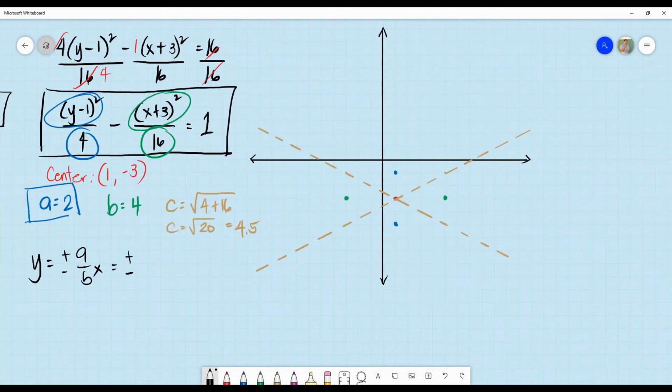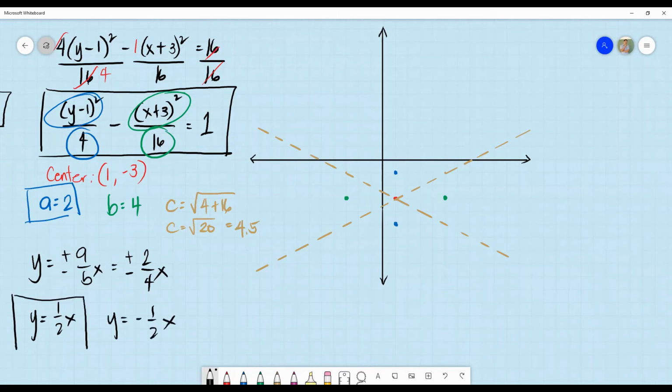Our a is 2, over our b is 4, and then just put x. So y is equal to positive 1/2 x when we simplify it, and y is equal to negative 1/2 x. These are the two equations of our asymptotes.